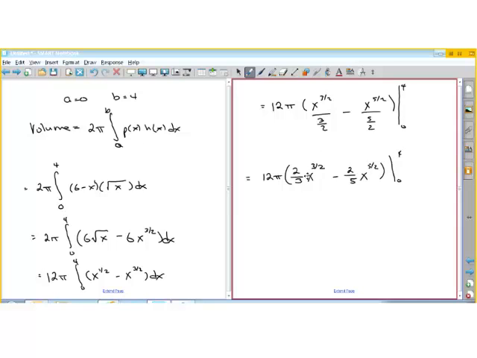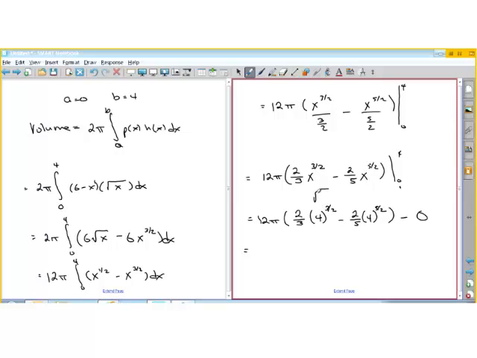And again, anytime it's an exponent, a power, when you put 0 in, you're going to get 0. So the second part will be 0. The first part, we have 4 to the 3/2 power minus 2/3, 4 to the 3/2 minus 5/2 times 4 to the 5/2 minus 0 from this part. So what we can do is take the square root and then cube it.